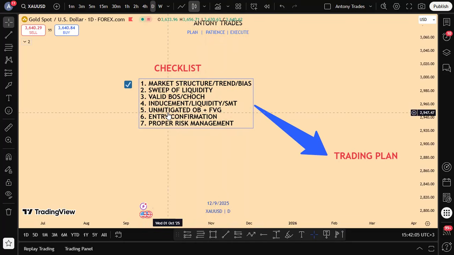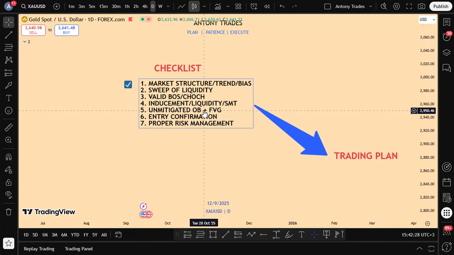So now I have a rule for my order block, because in the chart I can see order blocks anywhere. So for this order block of mine, it has to be unmitigated. Unmitigated means it has not yet been used. Are you getting? This order block has not yet been mitigated or used.